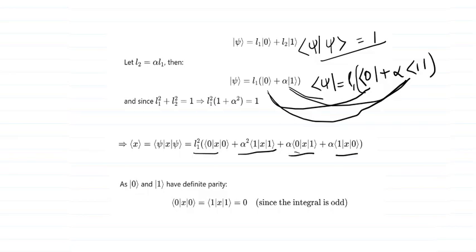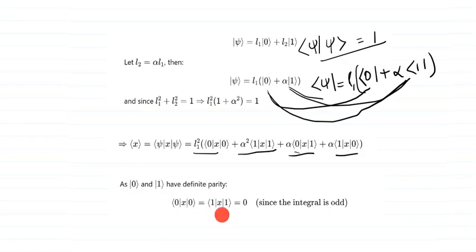Okay, so as 0 and 1, the ground and first excited state of the harmonic oscillator, have a definite parity, odd parity or even parity, and x is odd, x square will be even. Here x is odd, so 0 into x into 0 or 1 into x into 1 will be an odd parity.